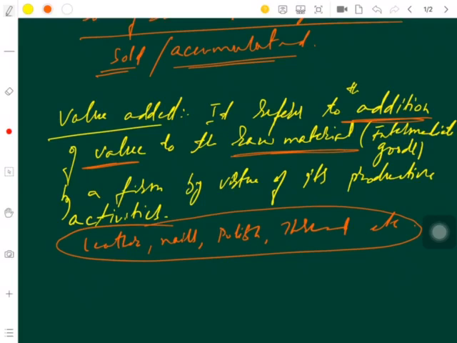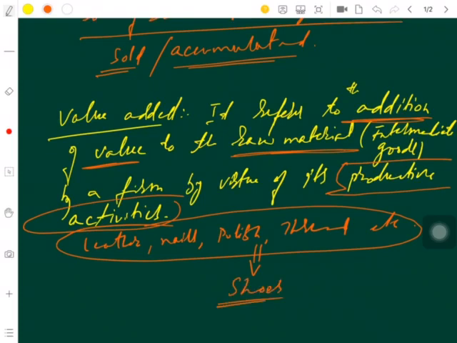Now, when he puts it in his production process, by his productive activities, he will turn all that into shoes, and we will buy a pair of shoes, which we bought at 175 rupees per pair, and he had produced in total 1000 pairs for a year.